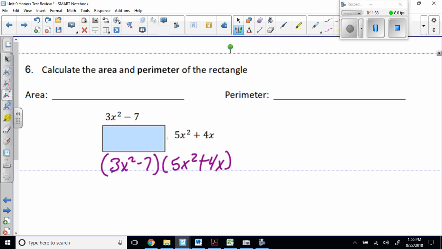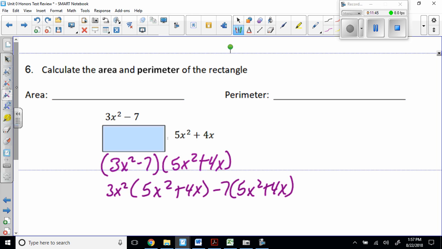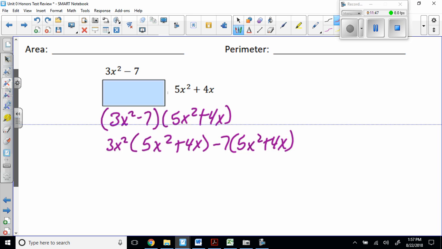I'm doing area first. So that's 3x squared minus 7 times 5x squared plus 4x. So I'll distribute. Don't forget that negative 7 there.